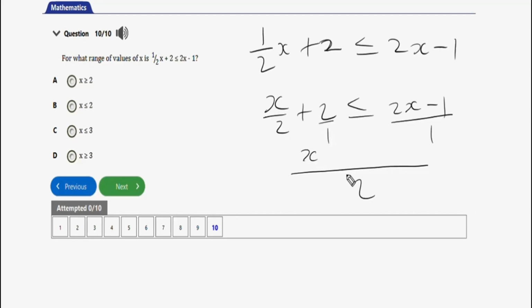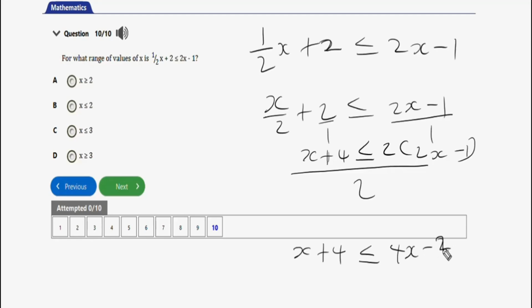Okay, 1 into 2 is 2 times 2, we have plus 4, is less than or equal to 1 into 2 is 2, so 2 times everything we have here. So when you break this down, you're going to have x plus 4 is less than or equal to 4x minus 2.